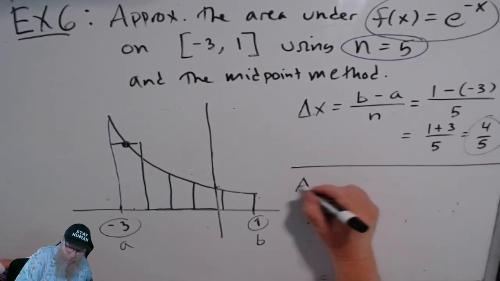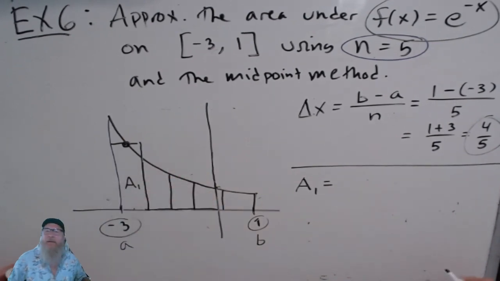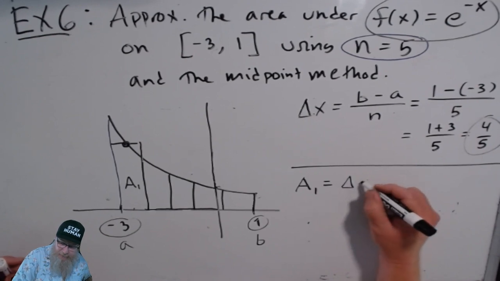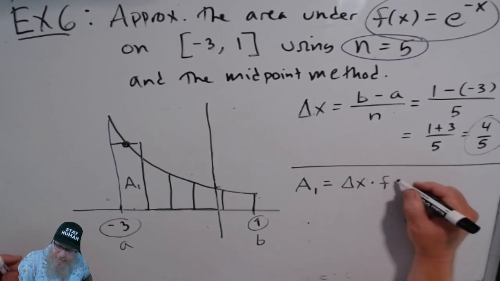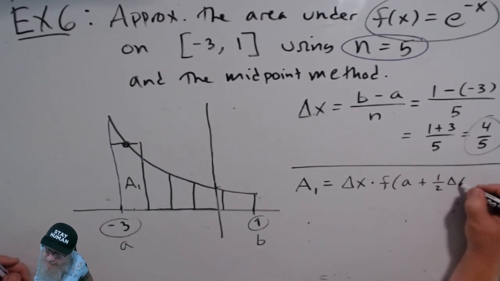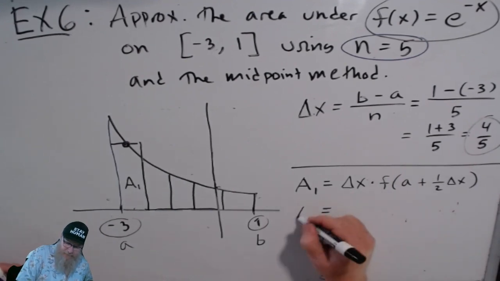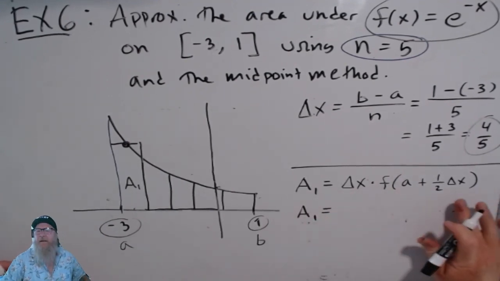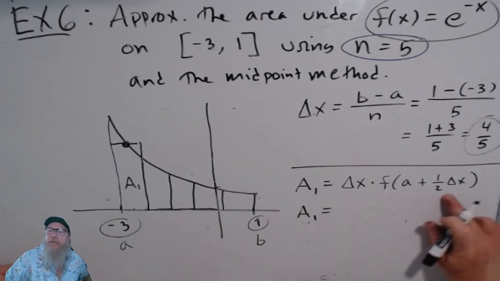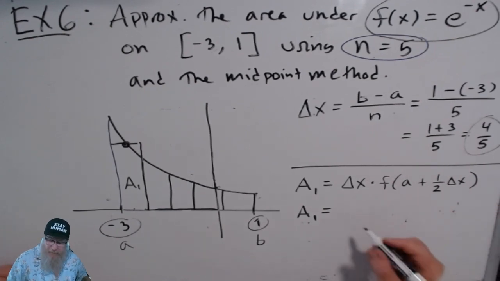So we've got A1. That'll be our first area. It will be delta x times f of A plus 1/2 delta x. In fact, this formula, we could just keep repeating it. We just change the fraction here from 1/2 to 3/2, and so on and so forth.